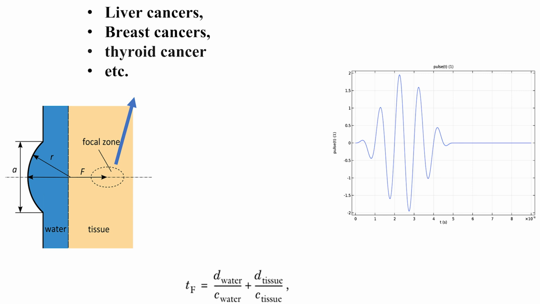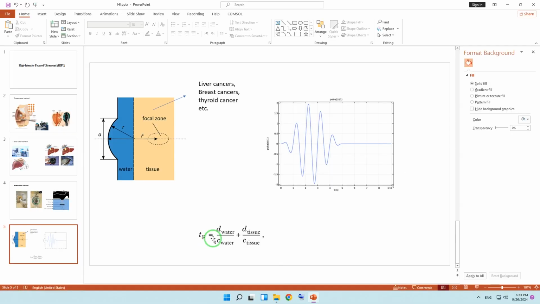The traveling time of the signal to the focal point can be computed as T_F is equal to d_water divided by c_water plus d_tissue divided by c_tissue. When we want to add the tumor, it will be modified to a new equation that has a new term, plus d_tumor divided by c_tumor.